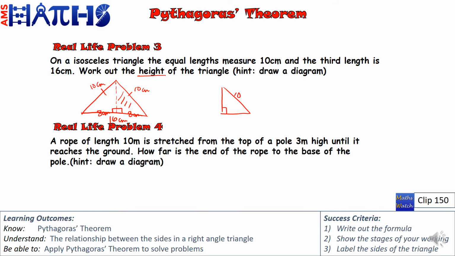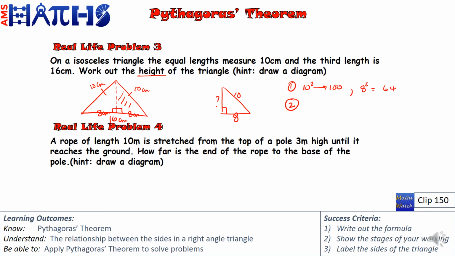So we have 10, we have 8, and we need to find our height. Notice that's going to be our shorter side. The height is our shorter side, so we're going to use the rule for that. So the first step is to square 10, which is 100, and square 8, which is 64, and then we add those together for the second.